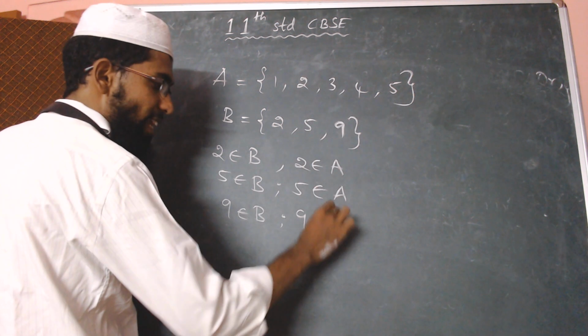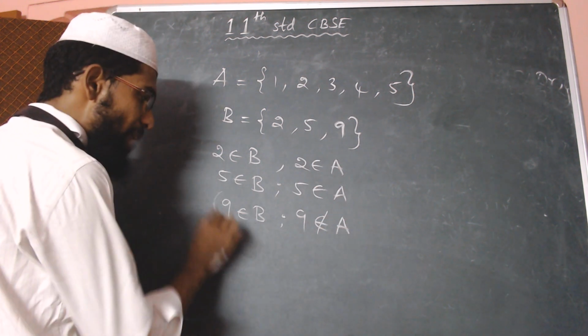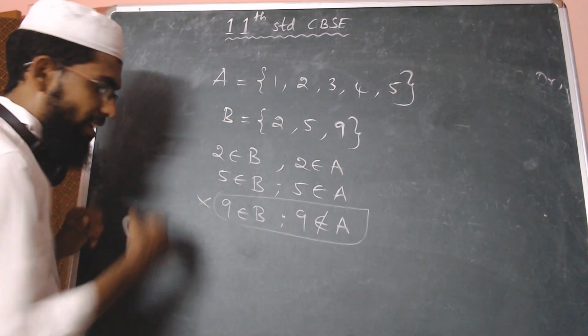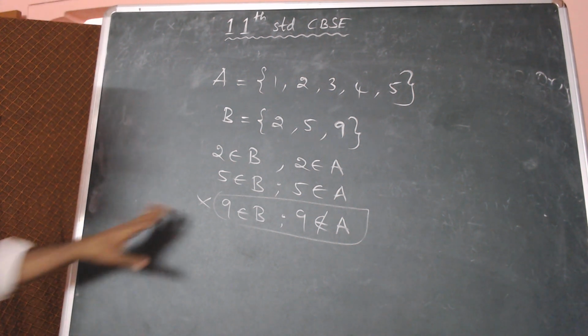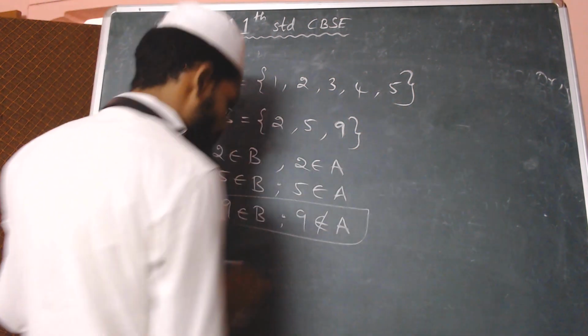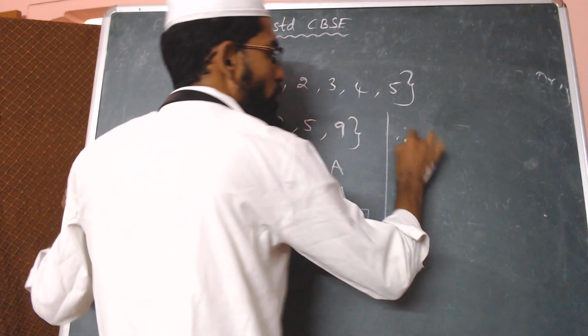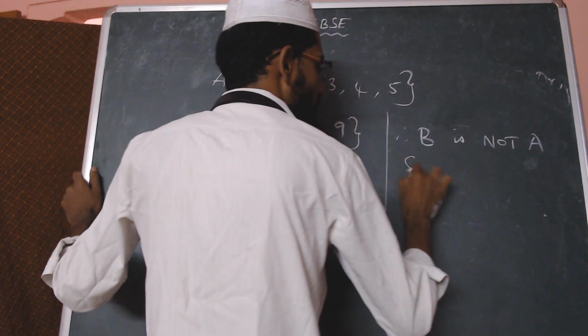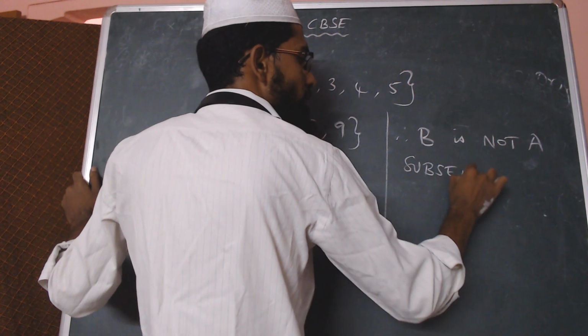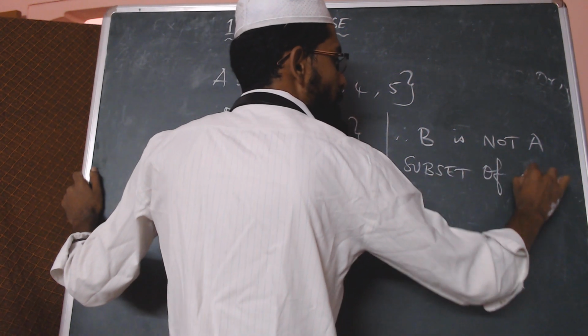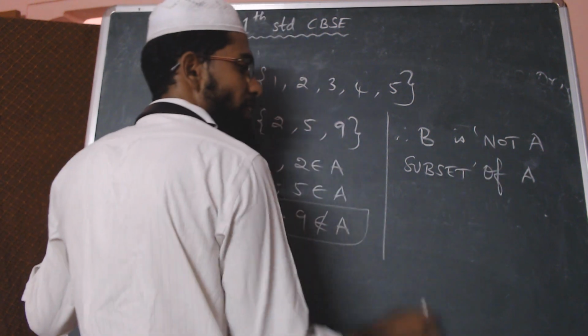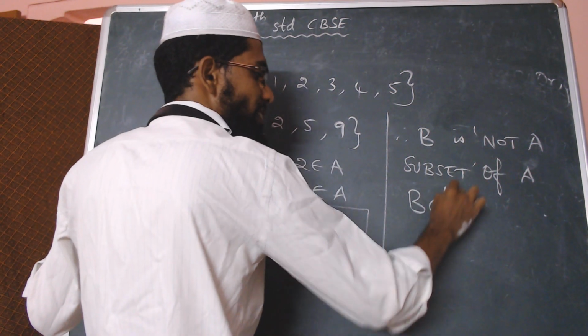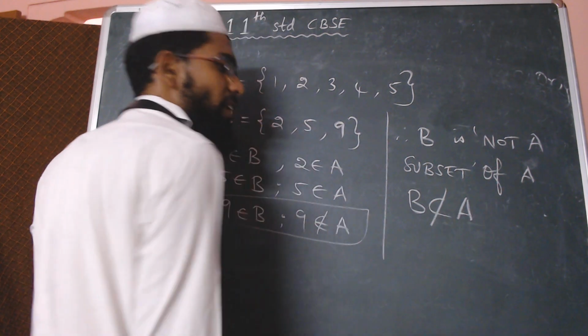No, 9 is not there in A. So even one element does not satisfy the condition. Therefore, what can I conclude? B is not a subset of A. How will you write it in words? I'll write like this: B is not a subset of A.